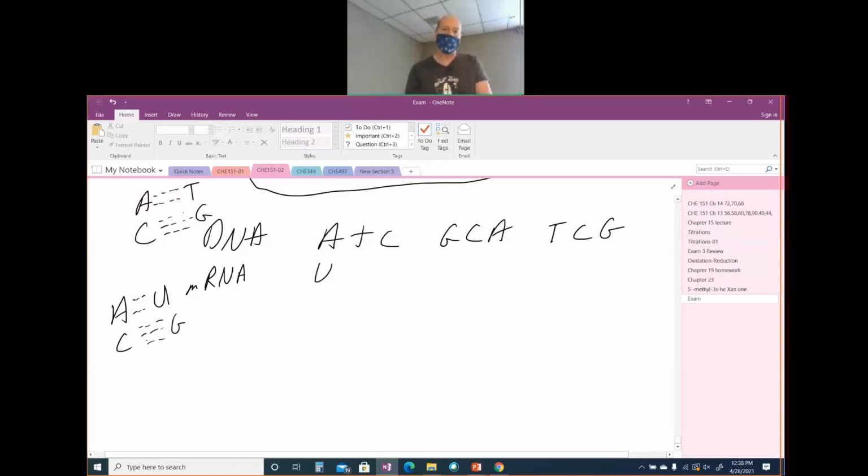It is U. And so the T would go to A, and C goes to G. G goes to C. C goes to G. We're just doing the base pairs. A does not go to T because T is not in RNA. It is U, T to A, C, G, G, C. All right, so there's your messenger RNA, and this is your codons.